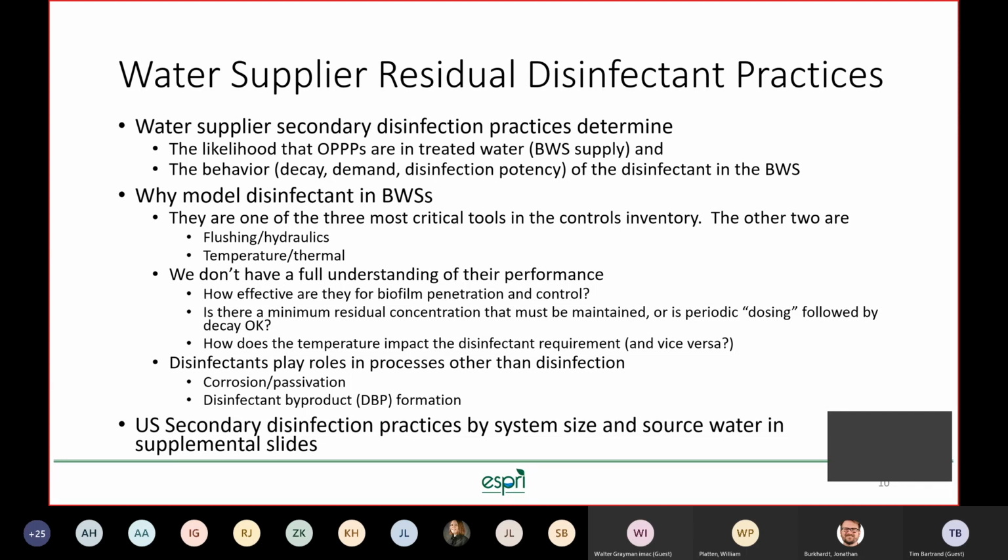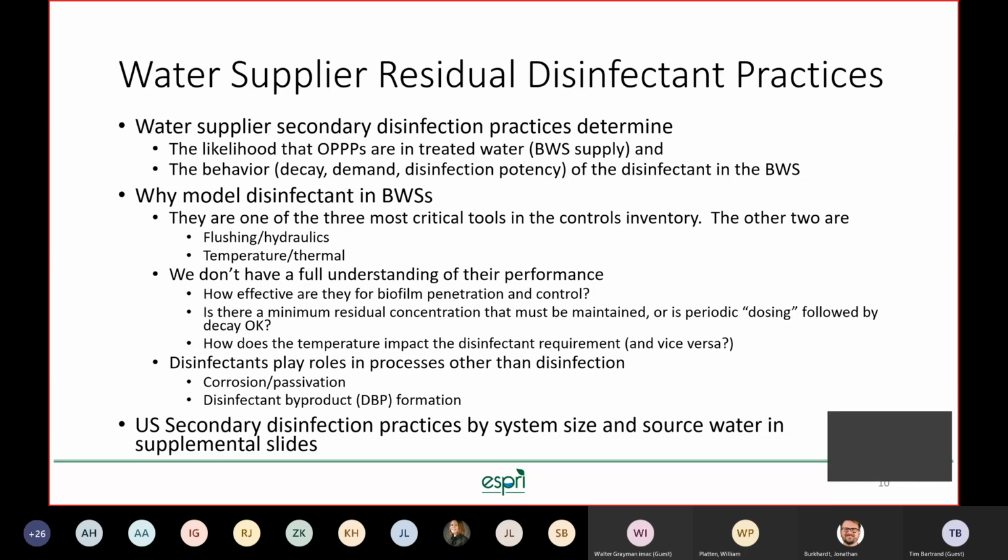It's not for sure, but there are indications that the selection of disinfectant will determine the likelihood, for example, that you have either Legionella or mycobacteria in the building supply water. So the water supplier disinfection practices are important to know in that respect, and they also determine the behavior, the potency, and the chemical properties of the disinfectant in the building water system. It's no surprise to anybody on this call that chloramines and free chlorine behave quite differently.